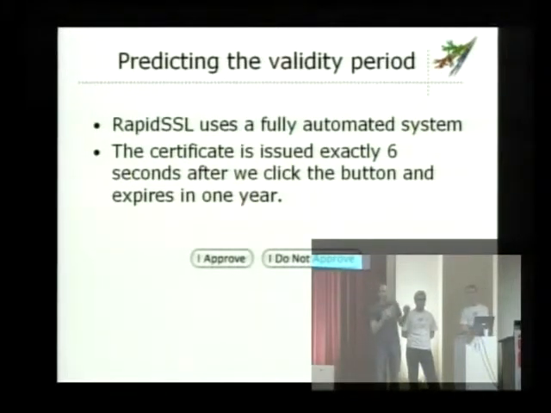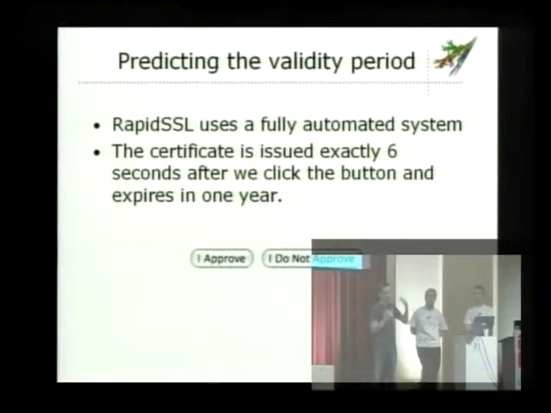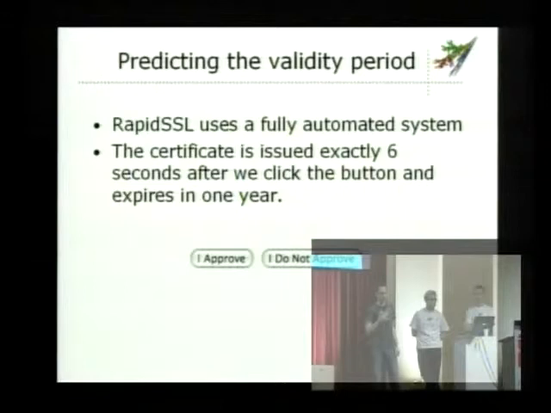The certificate is always issued exactly 6 seconds after you click that I approve button, which means that the attacker controls the validity period of the certificate, the date at which it is issued, and its length. You choose the length of the validity by selecting if you want a 1-year certificate or a 2-year certificate, and then the date when it's issued, you just pick whatever date you want, and you have to click that button at the exact right time.